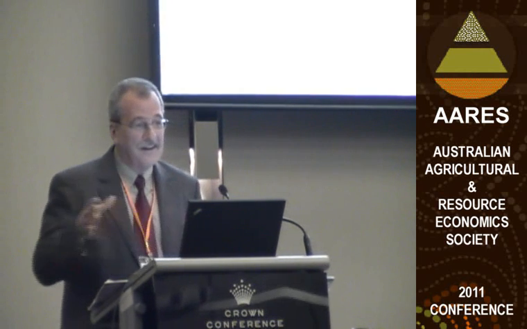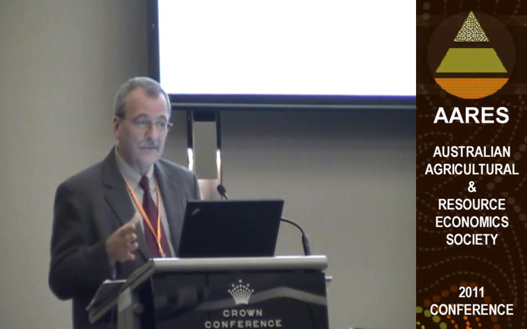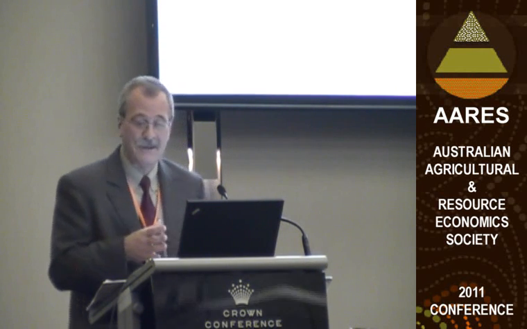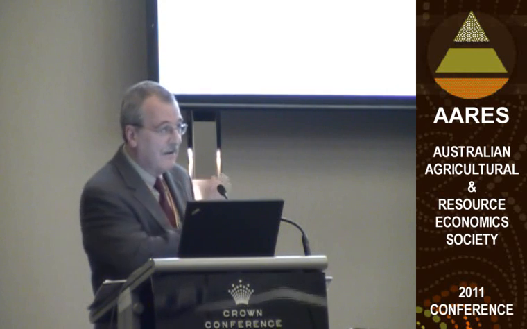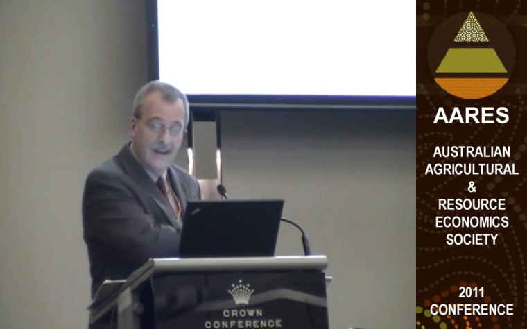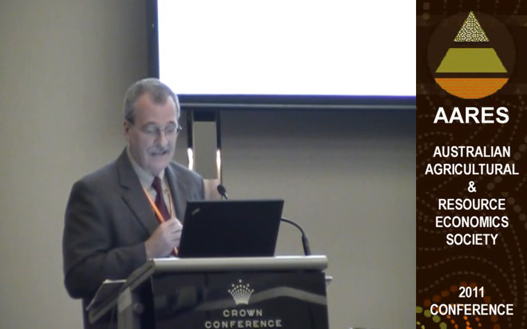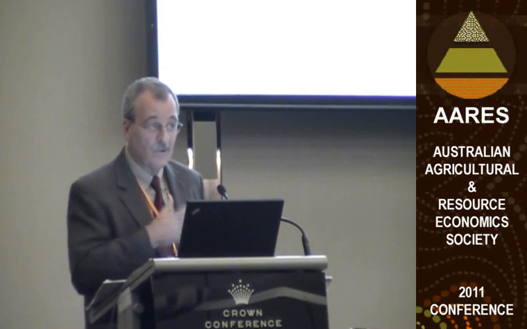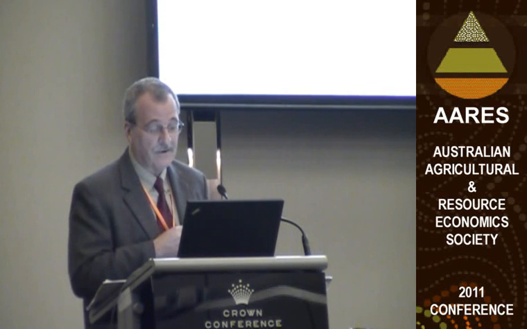Notwithstanding our sensibilities on that data, we've just very recently, as Julie and I can find the time to finish this darn thing off and submit it, pushed our multi-factor productivity estimate back again to the early part of the last century to try and get a bigger picture rather than just a post-Second World War picture on this evolution of multi-factor productivity.